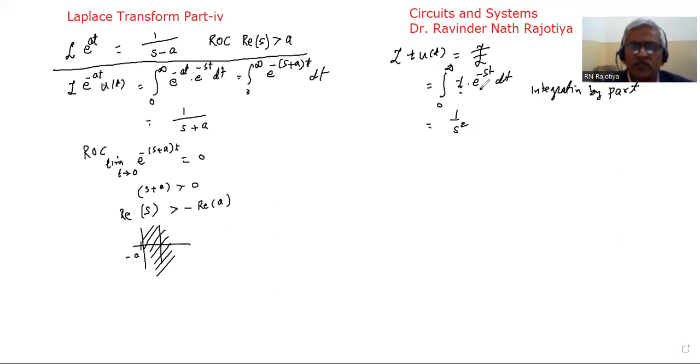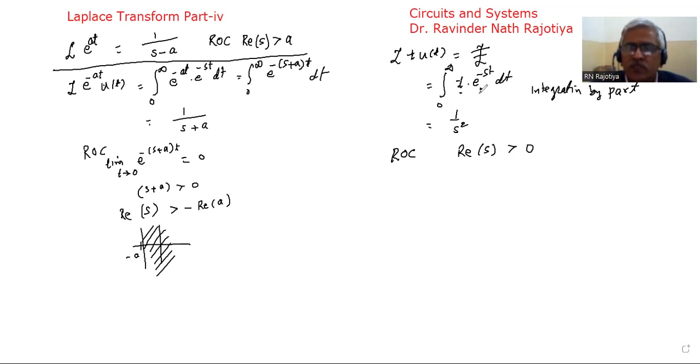And then you can find out what the ROC is. So the ROC in that case is possible when the real part of s is greater than 0. Why?